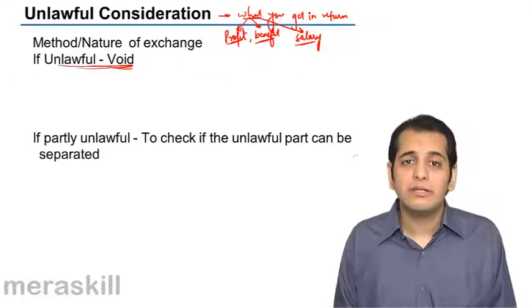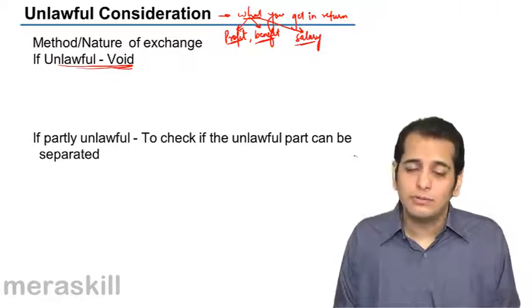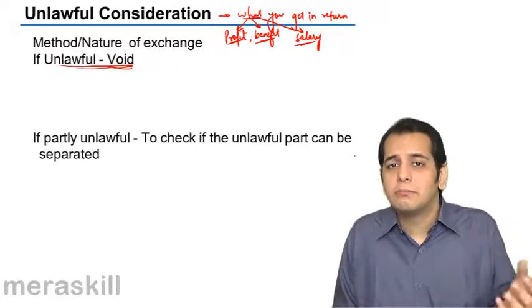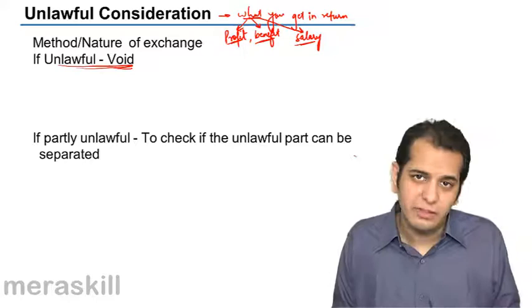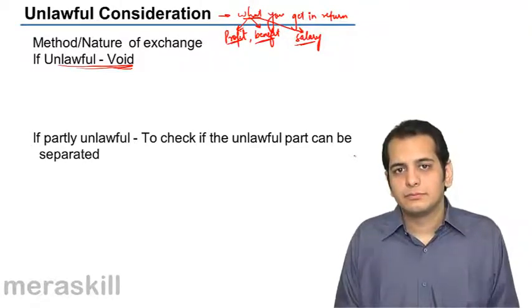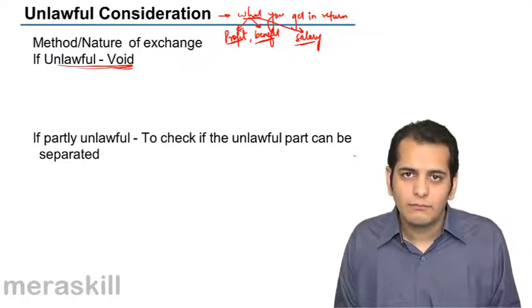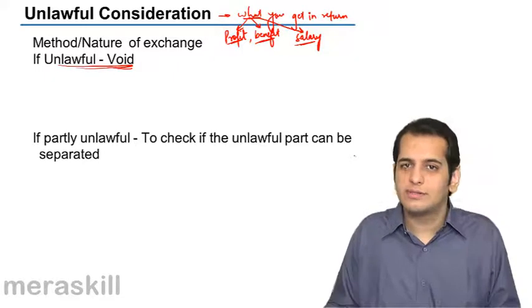That is the money which has not been taxed. You have not paid tax on that money. So that money becomes black money, and you cannot pay black money to anybody. That is prohibited by law. So you tell him that you will give him black money. So this also becomes an unlawful consideration.